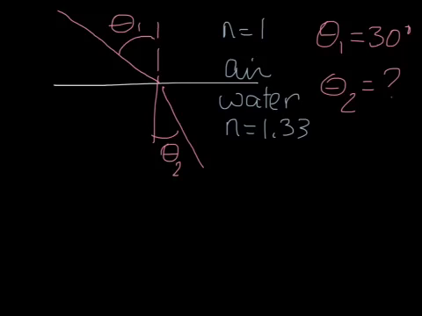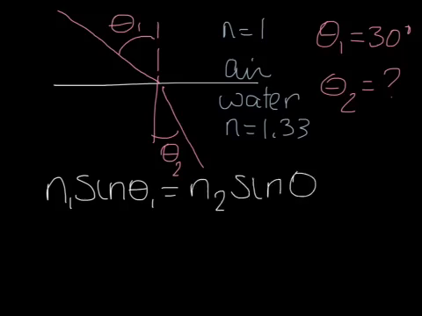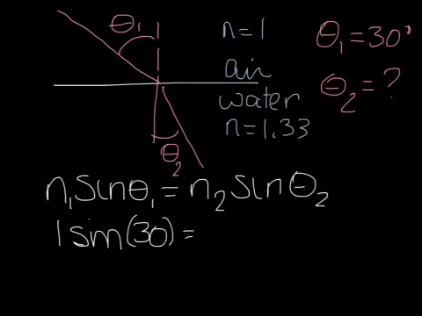So we know N1 sine theta 1 has to equal N2 sine theta 2. That's the formula for the entire thing. We know N1 is 1 times the sine of 30, which has to equal N2, 1.33, times the sine of what we're hunting.